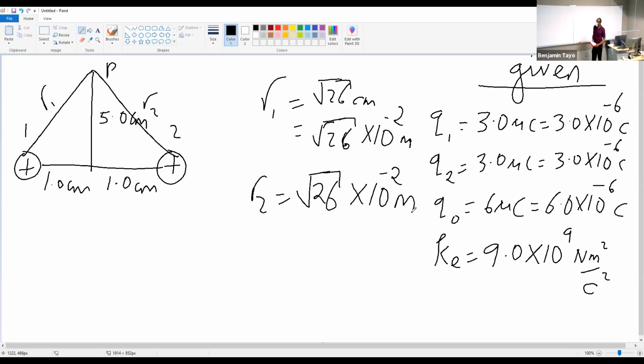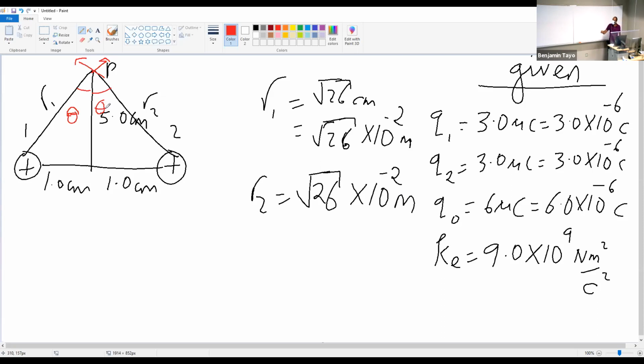Now I need to define these two vectors here. This is my one direction and this is the other. Let this angle be equal to theta, which is the same as this angle right there.